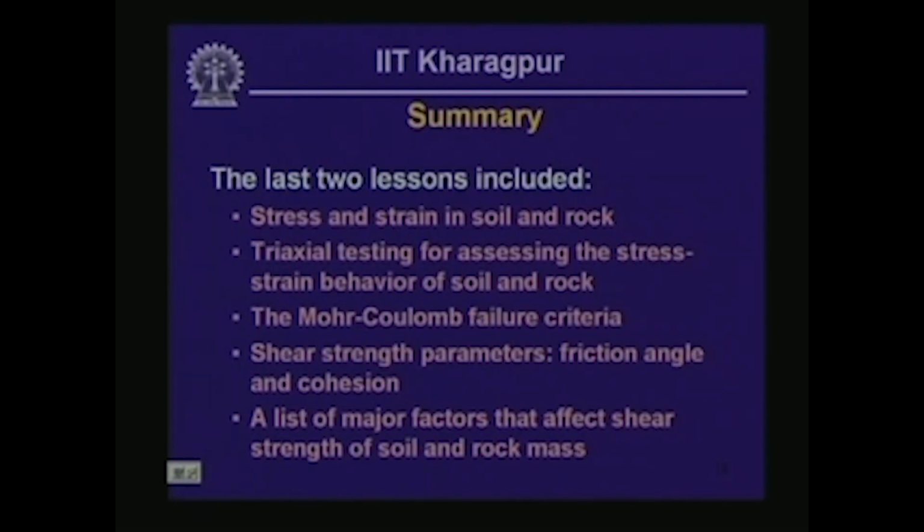Let me summarize this particular lesson as well as the last one. We looked at the characteristics of stress strain behavior of soil and rock, looked at triaxial testing and how we can assess the shear stress strain behavior of soil and rock, then how we can obtain Mohr-Coulomb failure parameters associated with the Mohr-Coulomb failure criteria from conducting triaxial tests, and we looked at a list of major factors that affect shear strength of soil and rock mass.